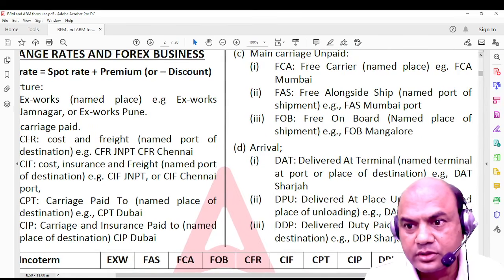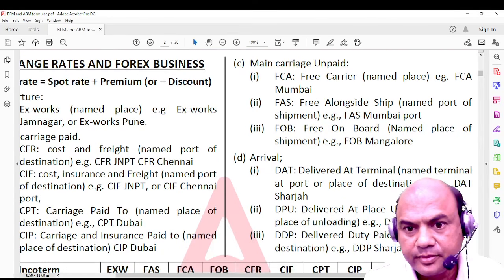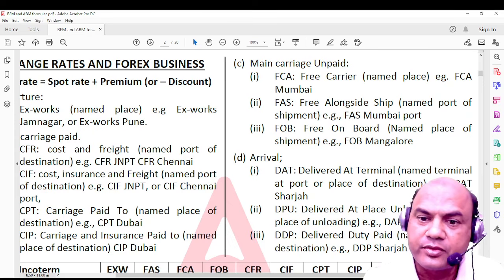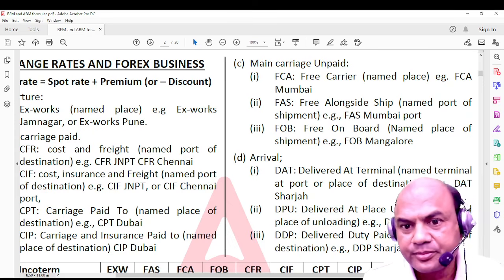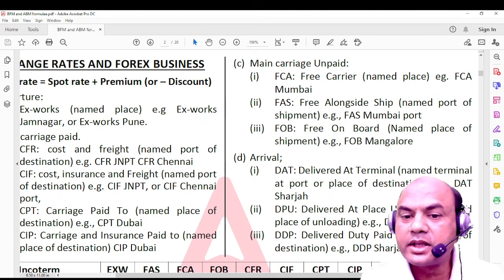look at this Incoterm. FCA, free carriage. Free carriage Mumbai means free carriage JNPT, something like that. Free carriage means I'll place the goods in the carrier.